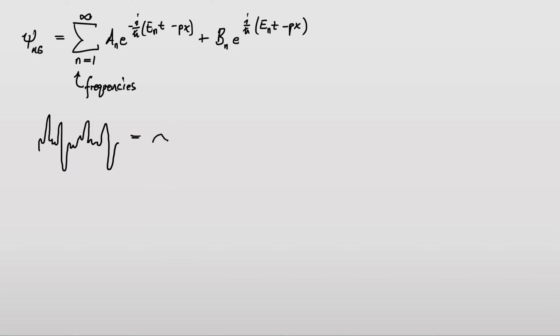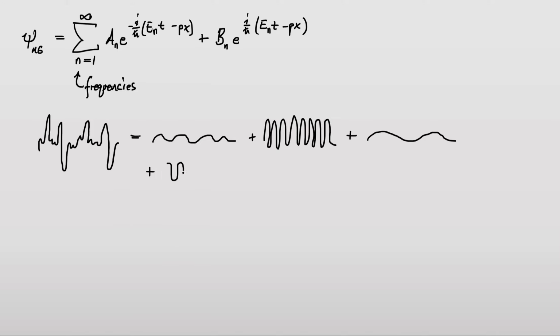So say it's a sum of this wave plus this wave. These all have different amplitudes on them. Plus this wave, plus maybe some shifted waves as well, right?